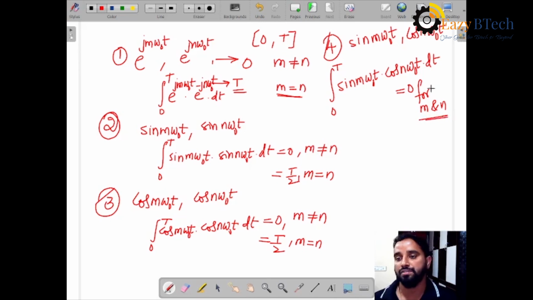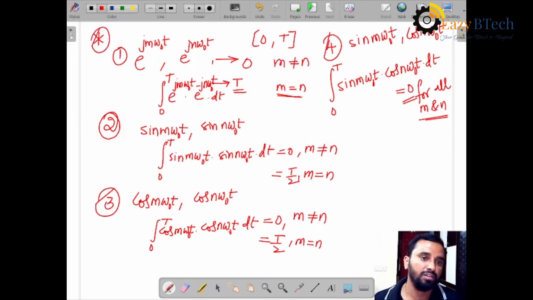This is the point: whether m is equal to n or m is not equal to n, the integral result is always 0. So this is very, very important for you. I hope I am clear to you. So this is the session today.